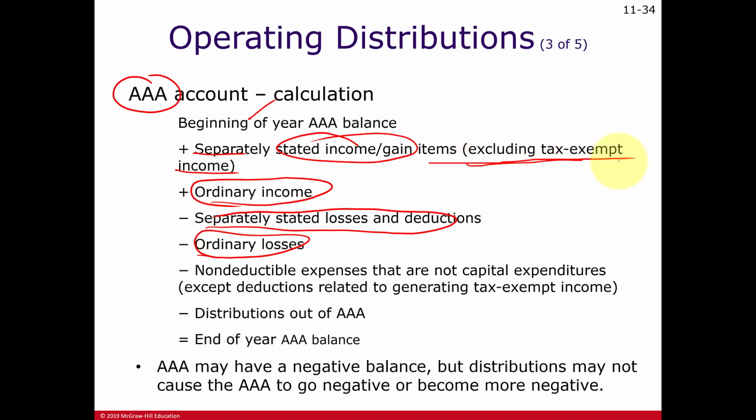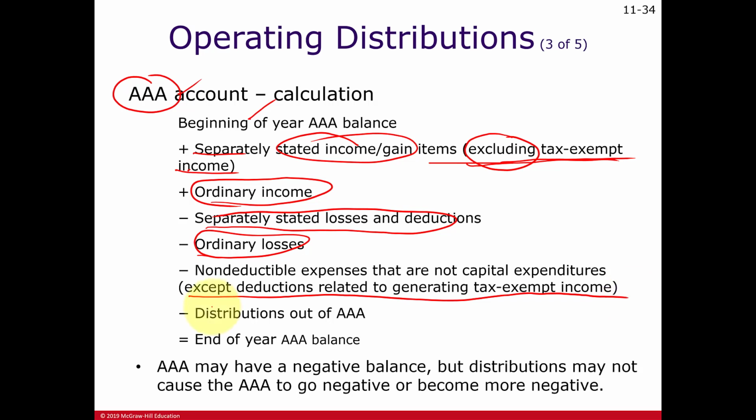Just like tax-exempt income added here, this is excluding tax-exempt income. It still adjusts the stock basis but doesn't affect the retained earnings account, this AAA account. And likewise, any expenses related to tax-exempt income are not taken into account for the AAA account, but it does reduce the stock basis.